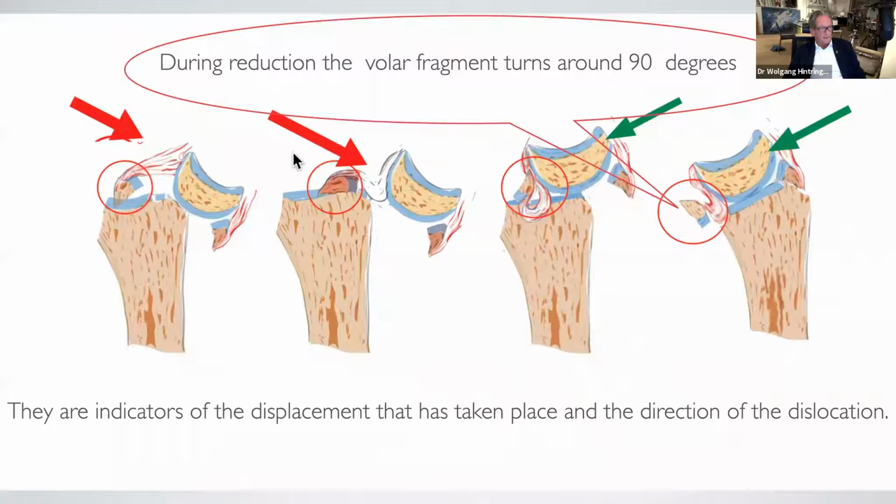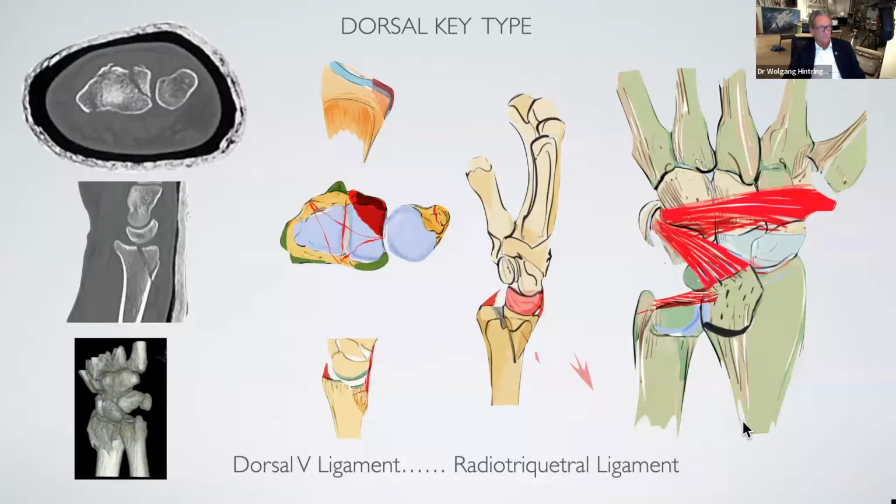Here you can see the mechanism of the turning around of the volar fragment by 90 degrees. During the dislocation, the tear out fragment is torn, and then after the reposition, it's turned 90 degrees in the other direction. And these fragments are indicators of the displacement that has taken place and the direction of the dislocation.